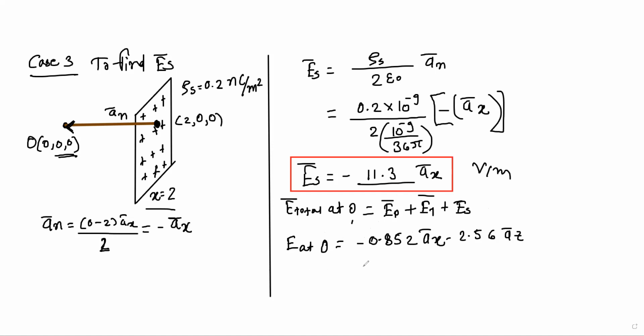Plus, because we are adding all the things, plus into bracket minus 8.3 a bar x minus 12.48 a bar z, plus into bracket minus 11.3 a bar x. So this is the final addition that you need to do.